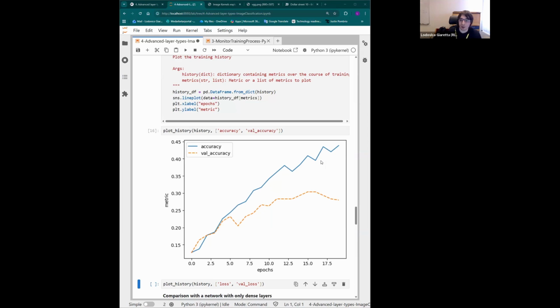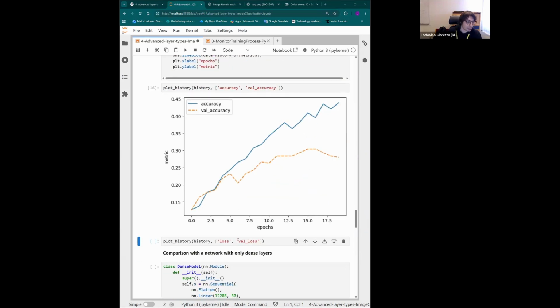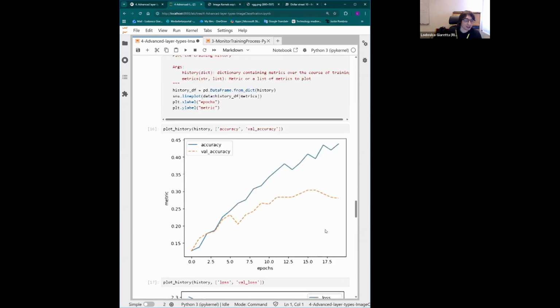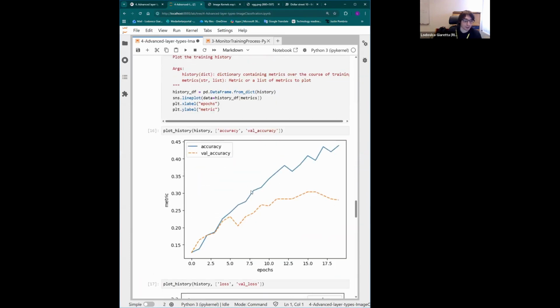This indicates that our model is overfitting. We can also look at the loss function directly, and we can see that indeed, we are not improving on the validation set, but we are on the training set. So this is not the best model. However, it does reach a decent, at least best accuracy of around 30%.